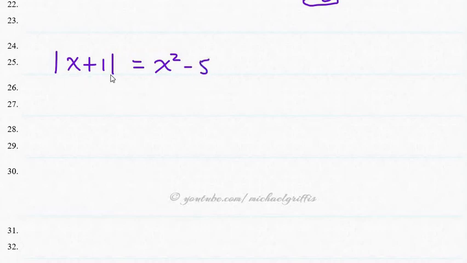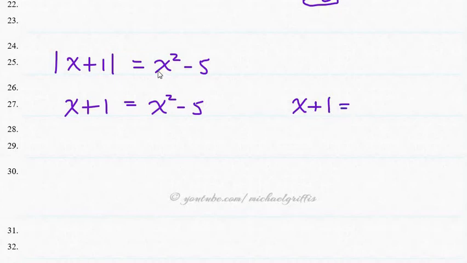Let's look at another one here. Something a little bit more difficult. Okay, so once again, rewrite, drop the absolute value bars. Let's do that again.